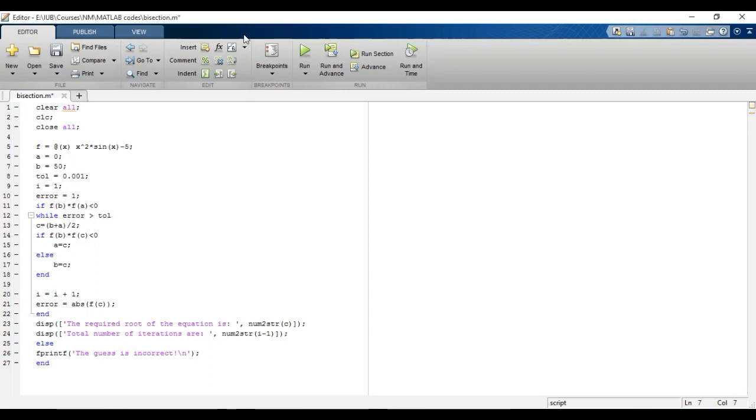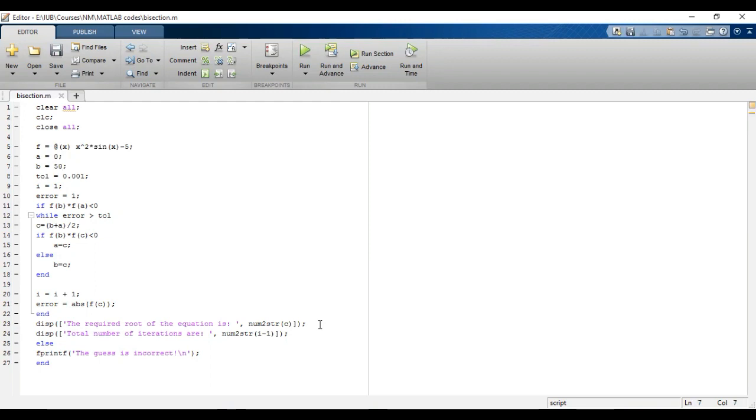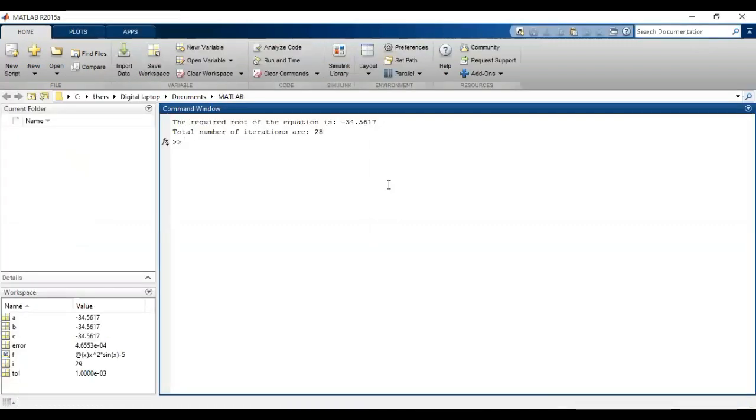So let's make it 50. Again, the guess is incorrect. Now let's make it minus 50 and make it 500. So you can see the required root of the equation is minus 34.5617, and it has taken 28 iterations.